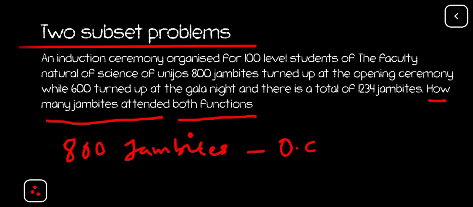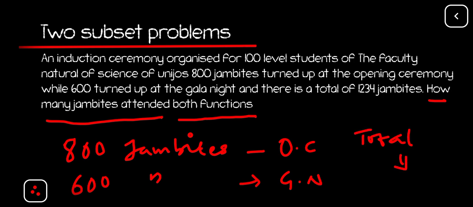Then we have 600 Jambites for the gala night, so let's call it GN. Now, they said the total number of Jambites is 1,234. They want us to find those that went to both the opening ceremony and the gala night.